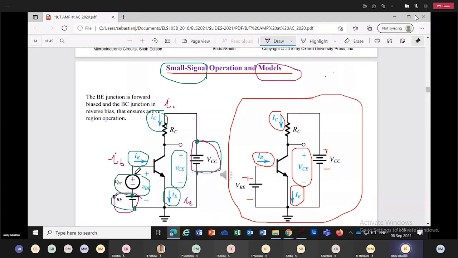Then what could happen? That kind of an assumption is called small signal operation. This is a conceptual way of seeing the effect of short-circuiting the batteries.